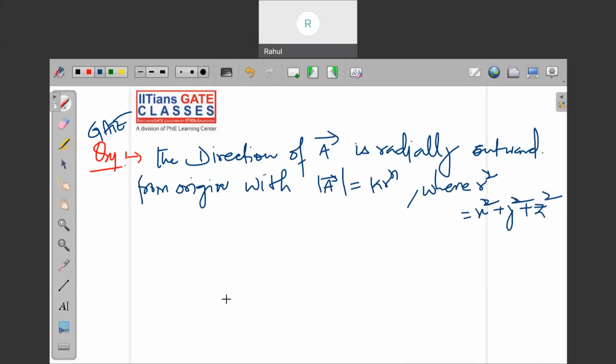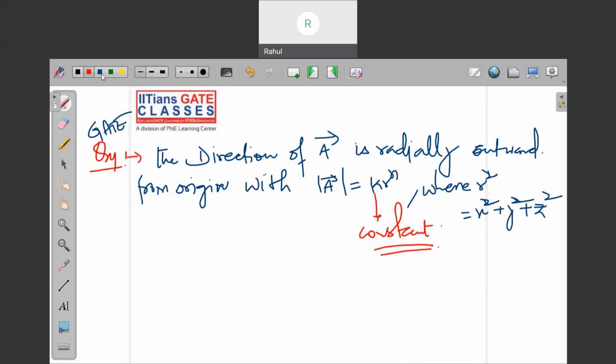Where k is constant, okay, this is constant, right? The direction of A is radially outward from the origin with A equal to k r to the power n. Okay, so what is the value of n?